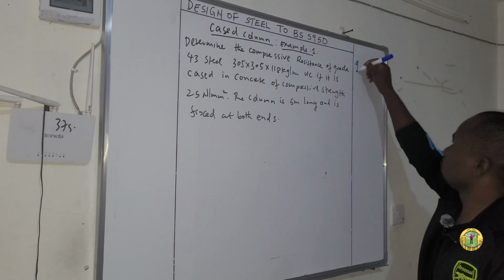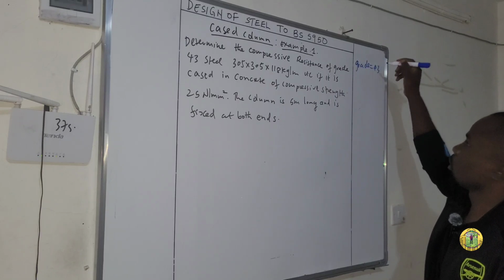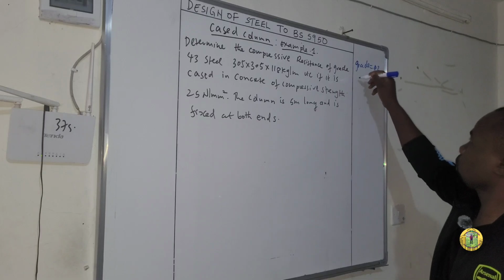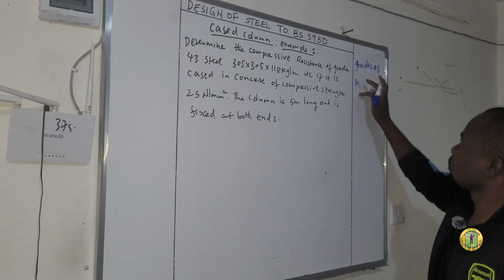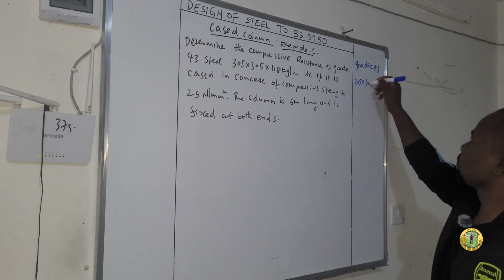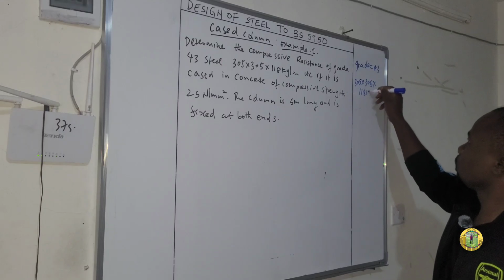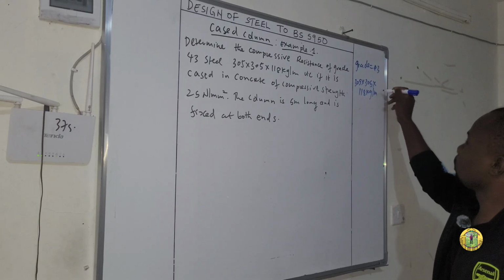So the grade is equal to 43 and the section size is 305 by 305 by 118 kilogram per meter.